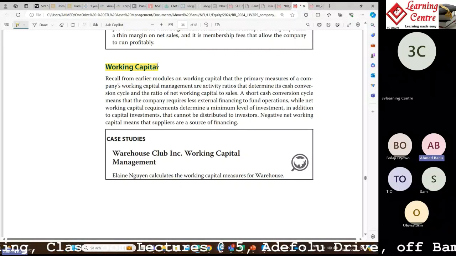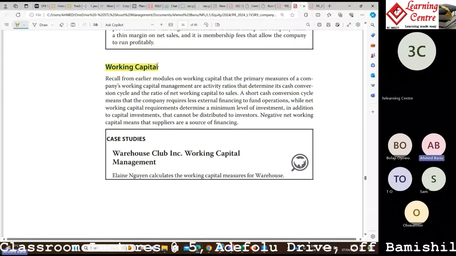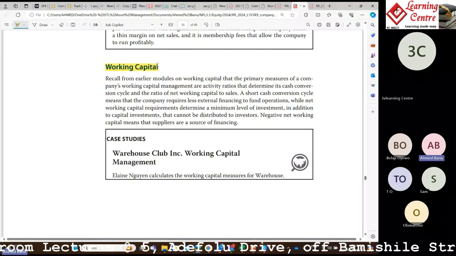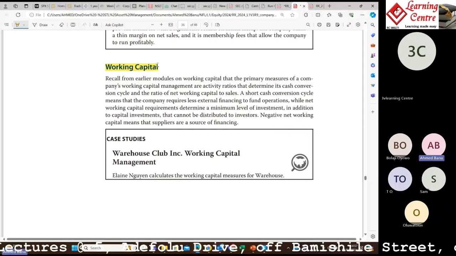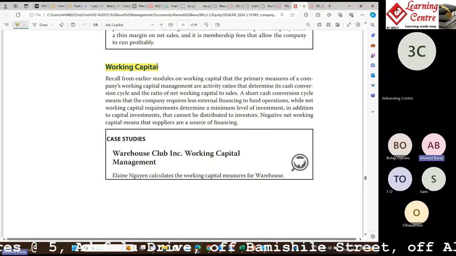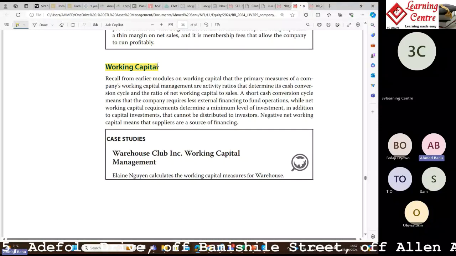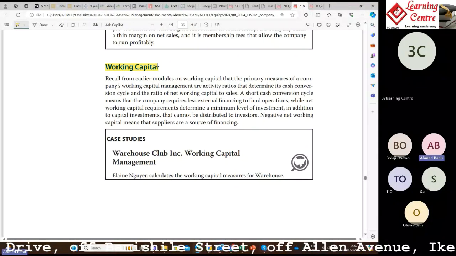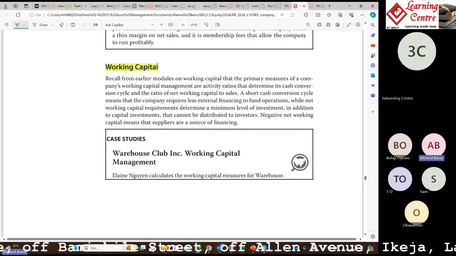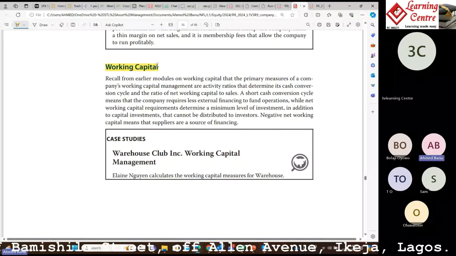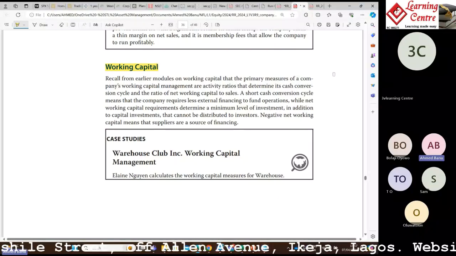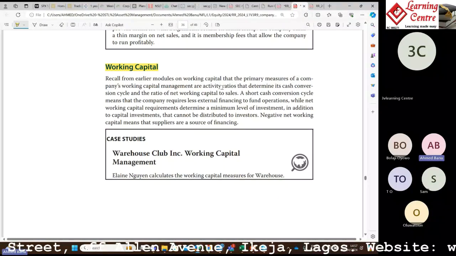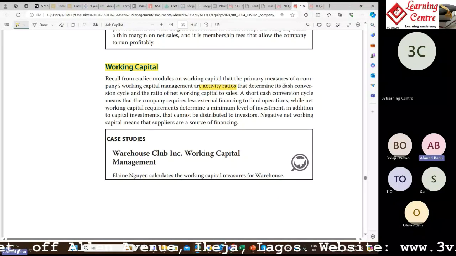Recall from earlier modules, corporate issuers, that the primary measure of a corporate's working capital management are activity ratios that determine its cash conversion cycle and the ratio of net working capital to sales. So these are the things that you are looking at: activity ratios and cash conversion cycle.